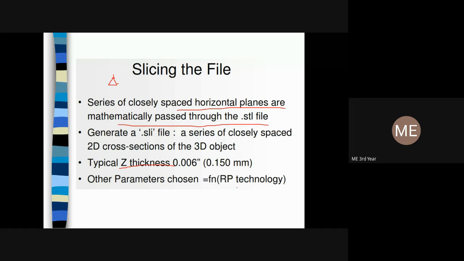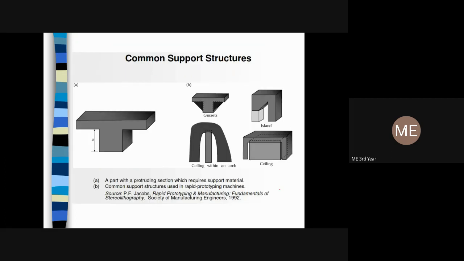Other parameters are also a function of the RP technology. And this is the common support structure. I have already told you that when there is some kind of cup structure above the bottom surface of the tool, some kind of support is necessary.